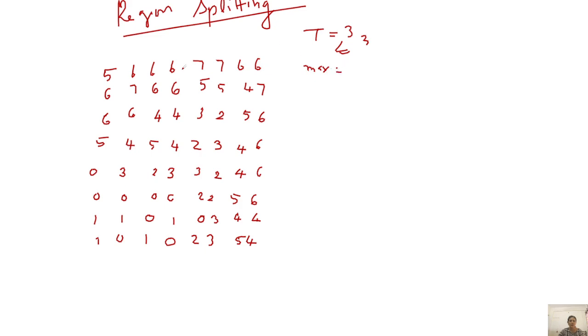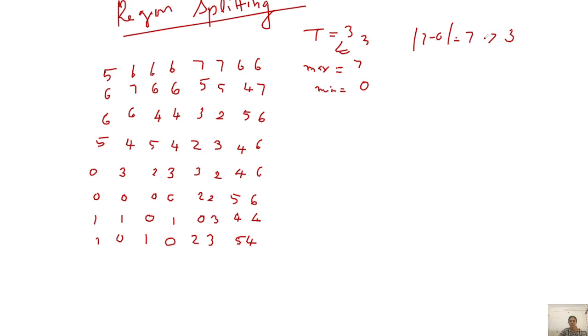What is the maximum value? It is 7, right? The maximum value in this image is 7, and the minimum value is 0. Now I have to find the absolute difference between these two values. So what I'm getting is 7. That means it is greater than the threshold 3.